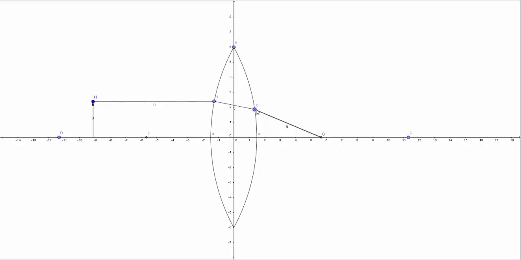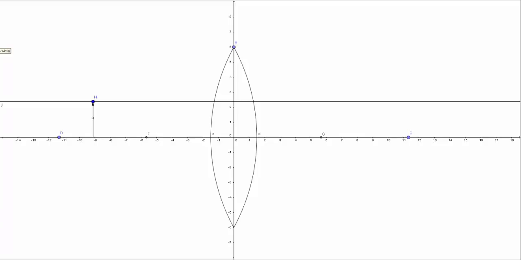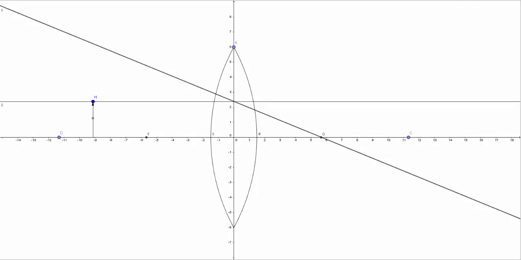But it's not exactly important what's happening at the detailed level inside the lens. We're more worried about where the light rays are going in general, or where they end up once they pass through the lens. So as a simplification, we're just going to say that a ray of light parallel to the x-axis is going to get focused through the focus here.